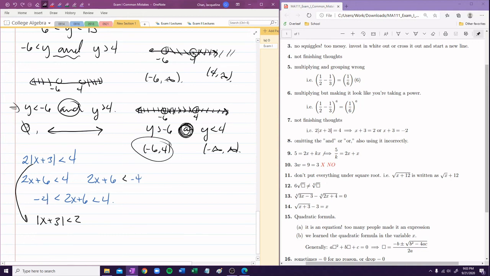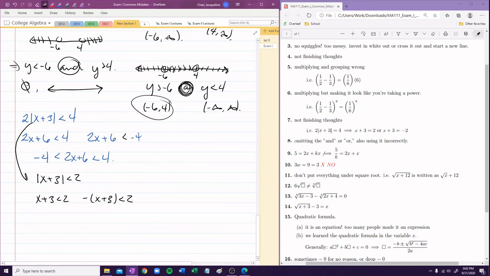If it's positive or minus inside, it always spits out a positive. So it's also x plus 3 less than 2, but it's also that negative x plus 3 less than 2. So if I divided both sides by negative 1, I get x plus 3 greater than negative 2.